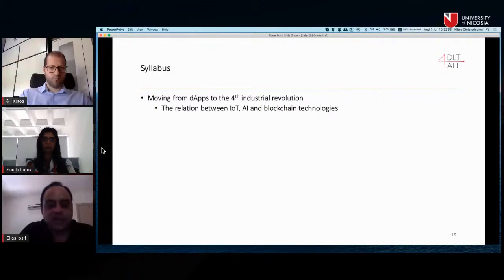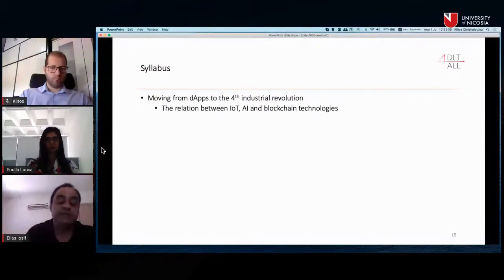Having intelligent services that rely on AI algorithms, then we have the business opportunity of deploying them on serverless environments, on blockchain-based environments, which are also equipped with native currencies like Ethereum.